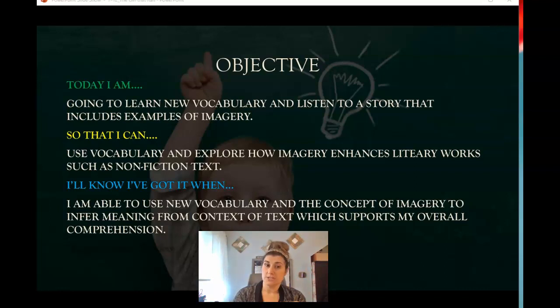And this one is a nonfiction text. And you're going to know you have it when you can actually utilize the new vocabulary and the concept of imagery together to infer meaning from the text and the context that it gives you to support your overall comprehension. So that sounds really complicated, but I promise you it is not.